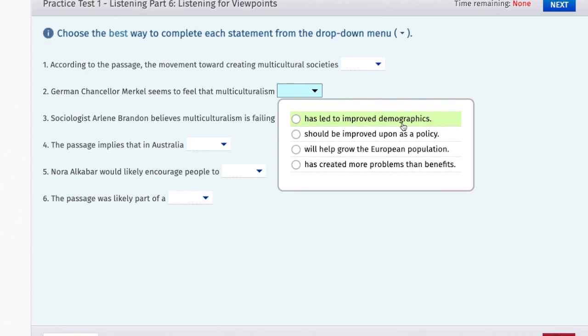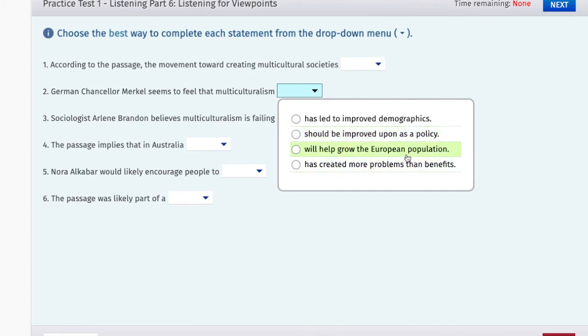So, similarly, did she say should be improved upon as a policy? I remember her talking that multiculturalism wasn't working and about changing policies, but did she mention exactly that we need to improve, should be improved upon as a policy? That's the question. That it will help grow the European population, not just the European population, which we heard.